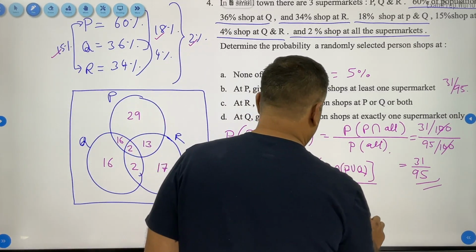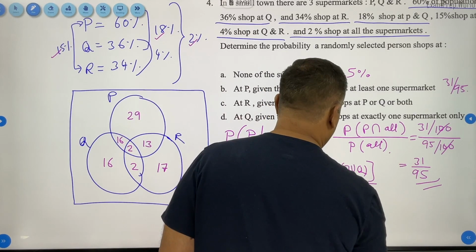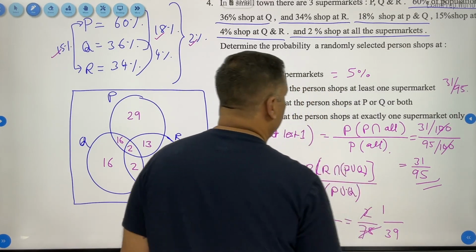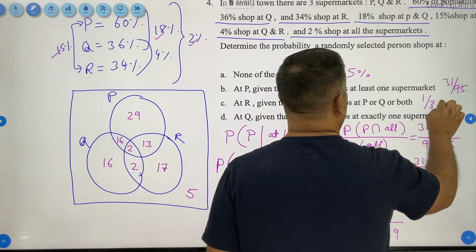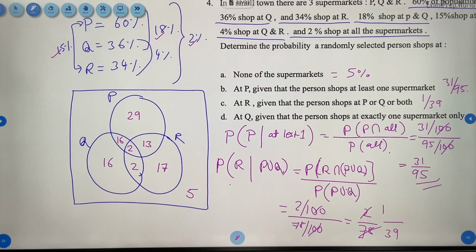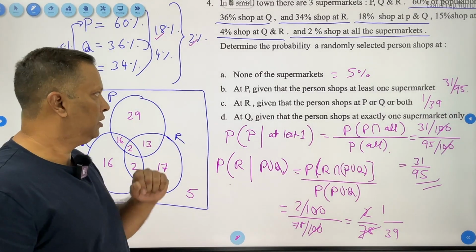So 2 on 78 can be simplified to 1 on 39. Chances are there that he will do the shopping there. Note it. Now I am going to erase to find the answer for D.